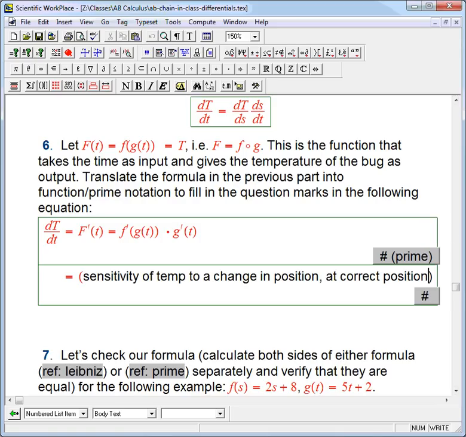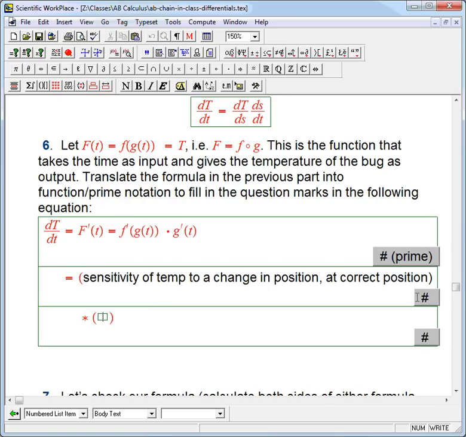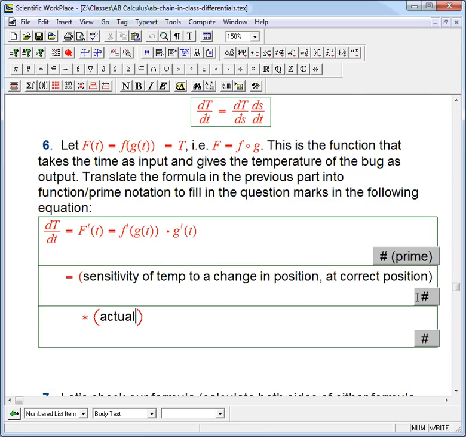Then times the actual velocity of the bug. If the bug weren't moving, he wouldn't be changing temperature at all. And if the rod didn't have any sensitivity of temperature to a change of position, again, it wouldn't be changing temperature at all. It's both of these contributing together.